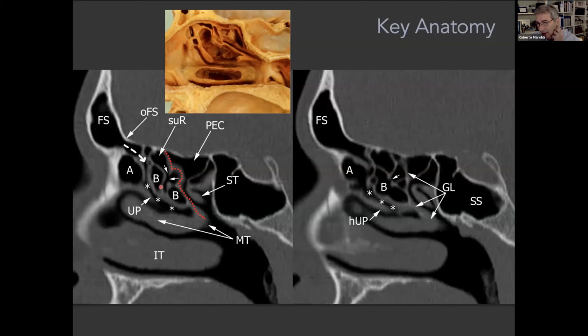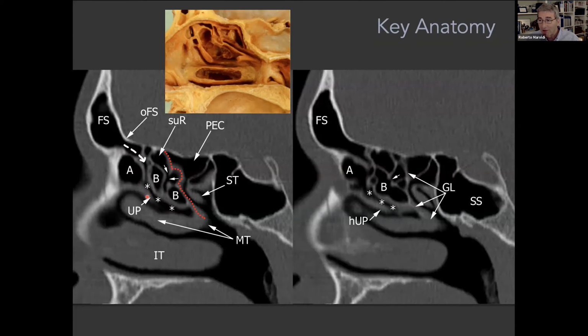Here you see the ethmoid bulla, the hiatus semilunaris, the frontal sinus ostium, the beak of the frontal bone, the frontal recess, in front of it a pneumatization, which is the agger cell, and then the area of the hiatus semilunaris, the horizontal portion of the uncinate process.